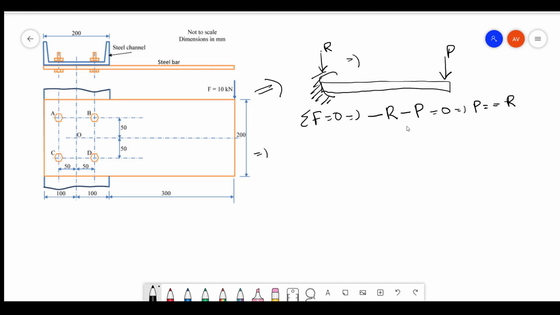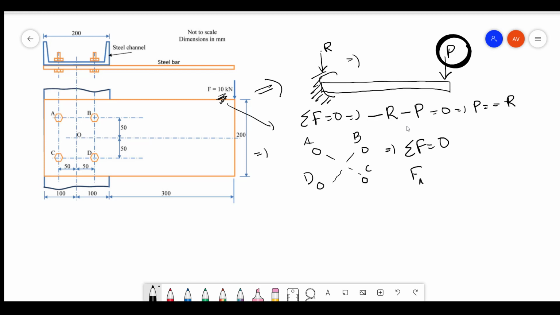In the same way, you have four bolts which are identical. These four bolts have to take care of this particular force, which is given as 10 kilonewton. So you can equate net force equal to 0. Let's name the bolts A, B, C, D. That means FA plus FB plus FC plus FD is balancing the force here.